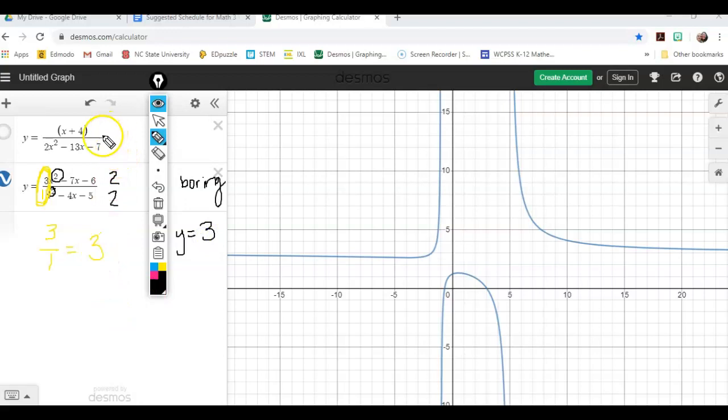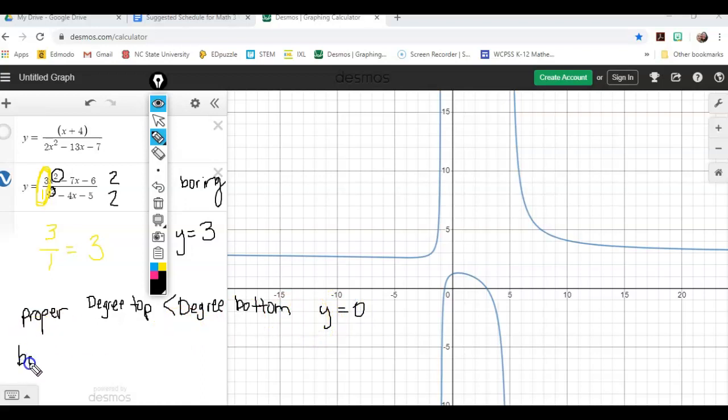So if you have a proper fraction, that means that the degree on the top is less than the degree on the bottom, because the top is smaller than the bottom. All right? Anytime that happens, you're always going to have a horizontal asymptote at 0.